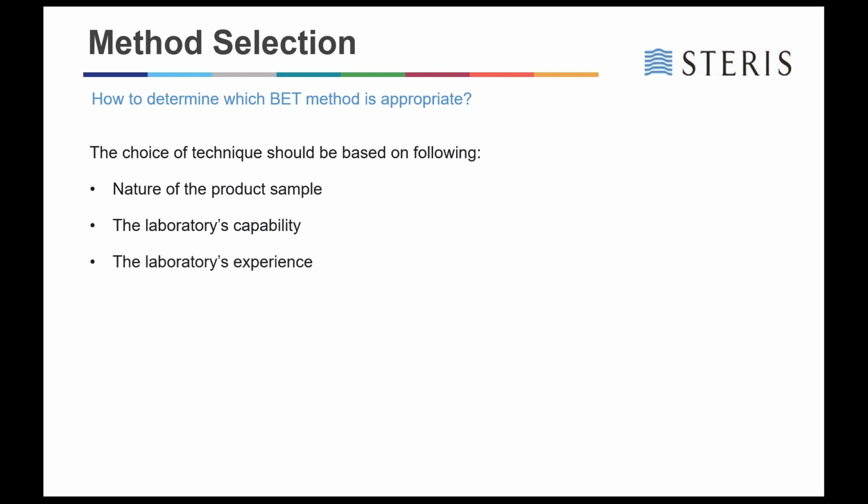With this is also the laboratory's experience, so particular experience with methods. The next criteria would be sample throughput requirements. And lastly would be data handling requirements. So with those requirements, we would have the criteria that we could use to select which method would be appropriate for our test.